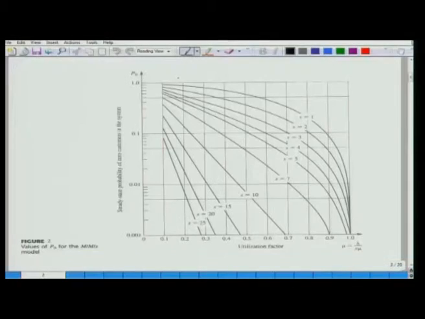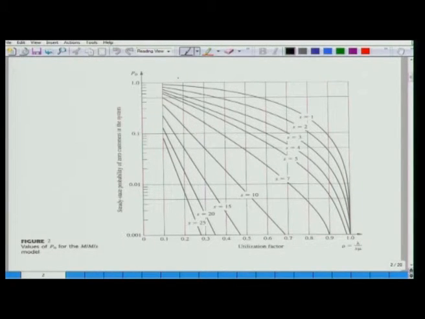So, figure 2 I just want to explain. Here you see the horizontal axis is the utilization factor, that means rho equal to lambda by S mu, with different values of rho going from 0 to 1, and the vertical axis is the steady state probability of 0 customers in the system. First of all, if you look at the curves in the graph, you see that the probability is coming down drastically as S increases.